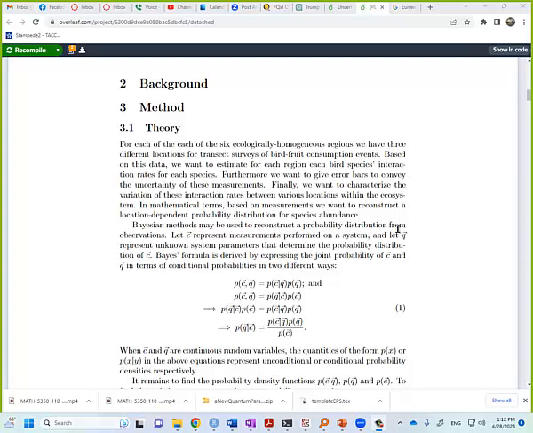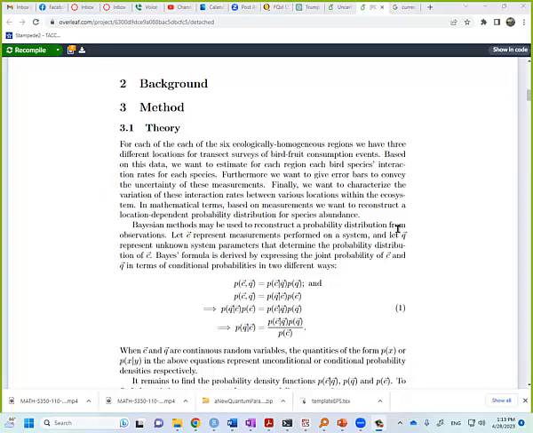That's due to 2 things: one is the observation error, and the other is the variation between locations, because even in one region there may be differences between locations. The whole idea is to estimate how much is due to the observation error and how much is due to the difference in location.